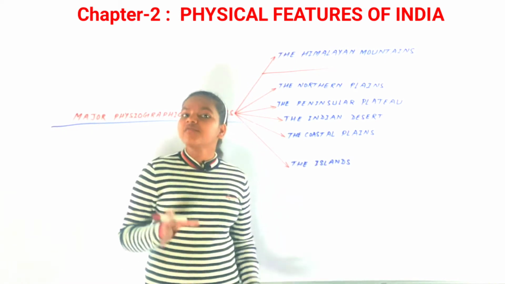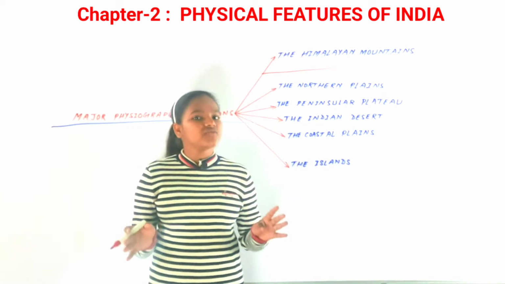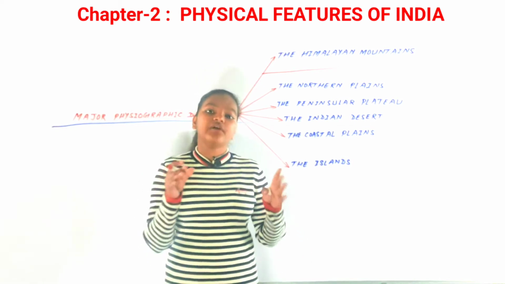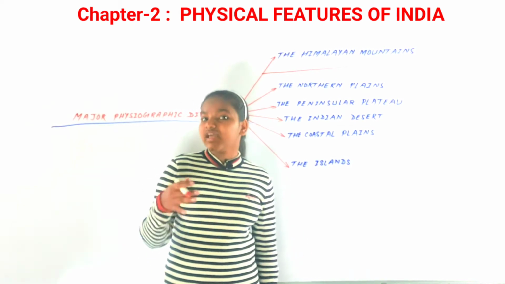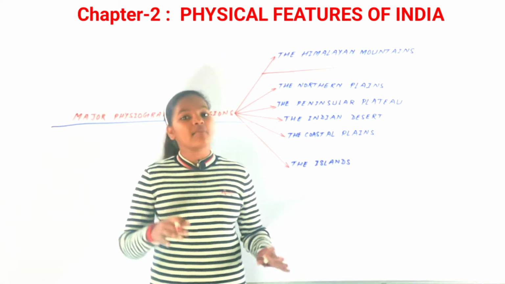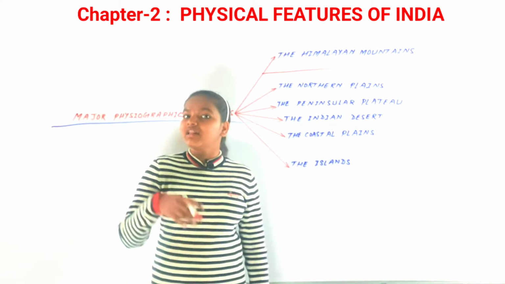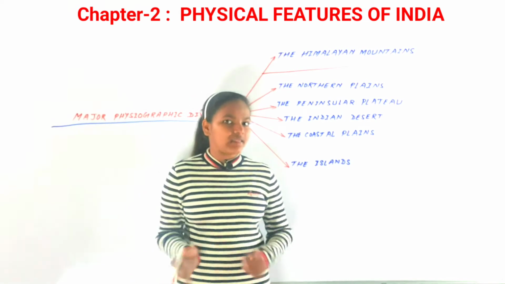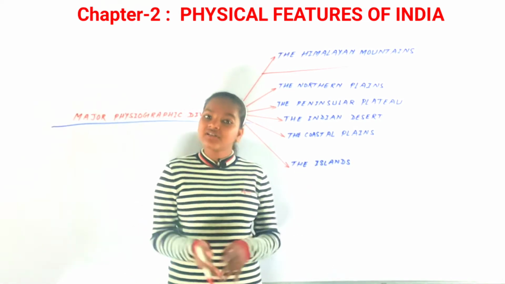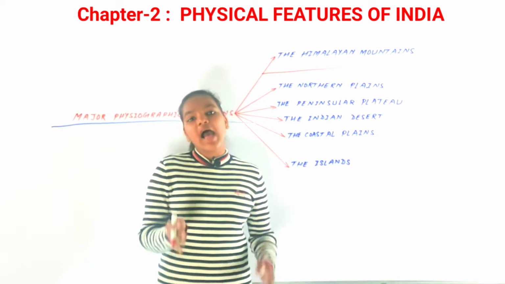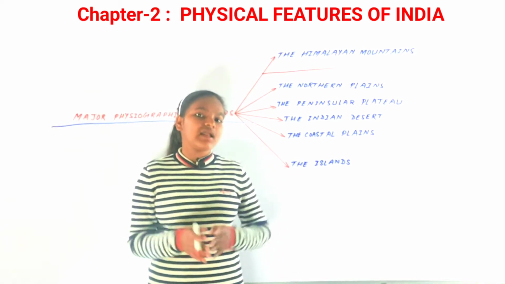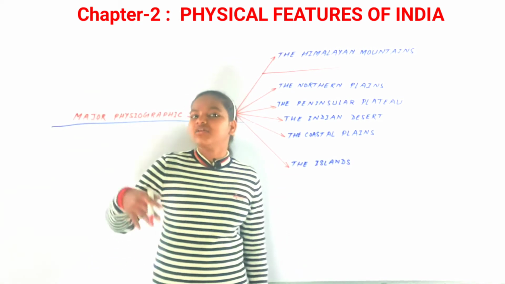The first range of the Himalayan mountains is the Great or Inner Himalayas, or Himadri. There are different names, but officially it is known as the Inner Himalayas or the Great Himalayas, and in common language it is known as Himadri.